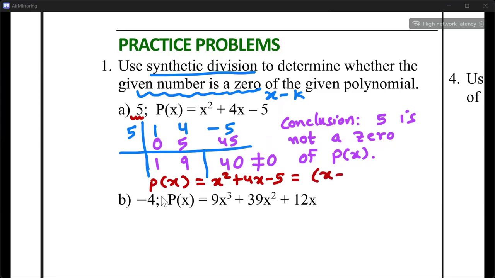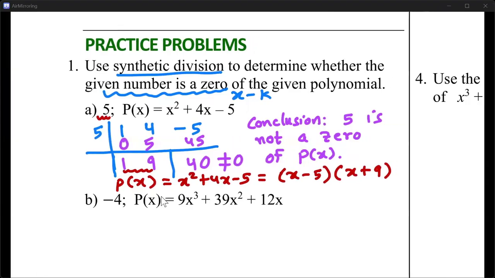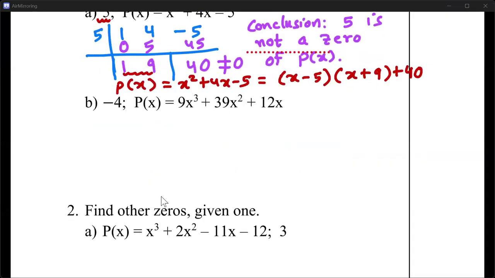Which is the factor x minus 5. And the quotient that you got is 1 and 9, so that is x plus 9. Okay. And the remainder is 40. So you can say plus 40.